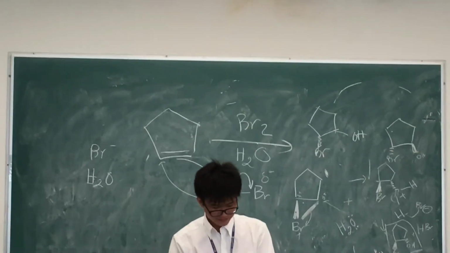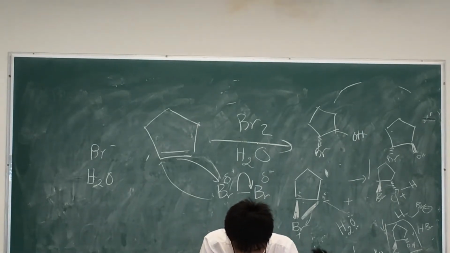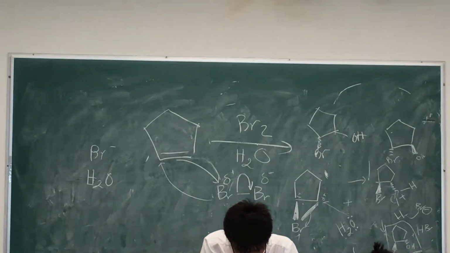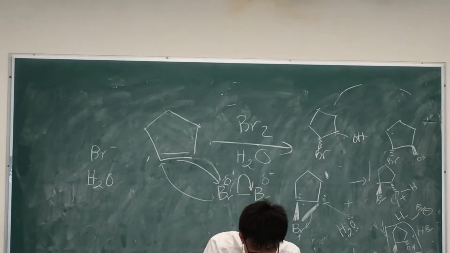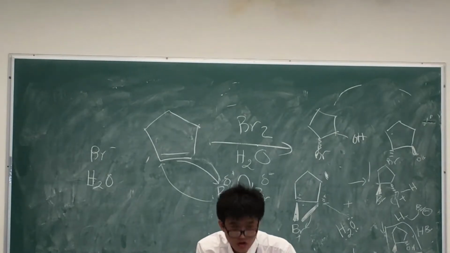Next question. Question 8. How can I form 2-bromo-1-phenylethanol from styrene?